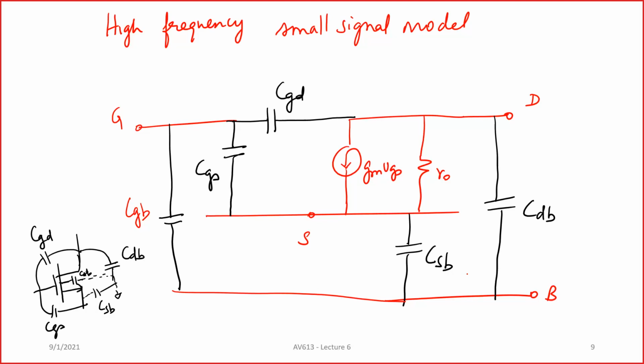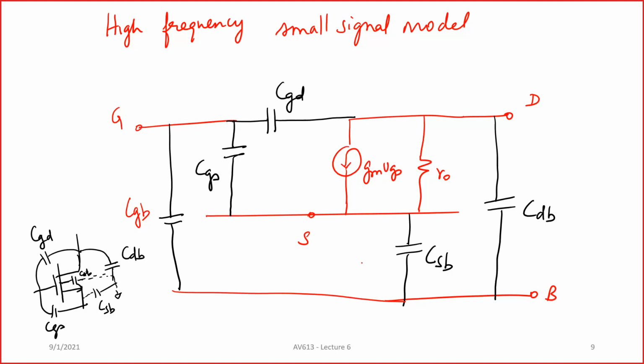So we can collapse CDB and CSB and CGB into capacitors like CGS? No, directly you can't do that. You're getting close, but the exact answer is not right. So CSB is useless, right? Now your source and bulk are at the same potential, which means that source and bulk are shorted together, so CSB is shorted out and is not in the picture. Correct, very good.